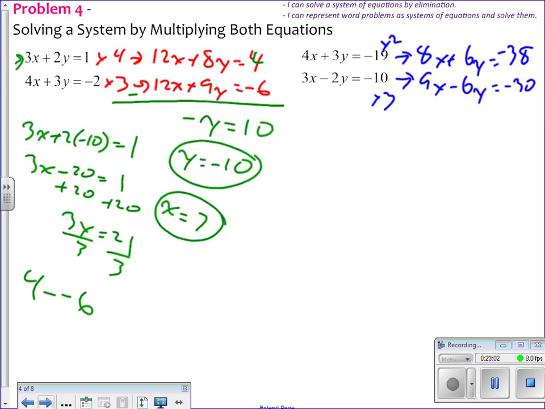Positive 6, negative 6, I want to add on this one. 17x, y's disappear, negative 68.